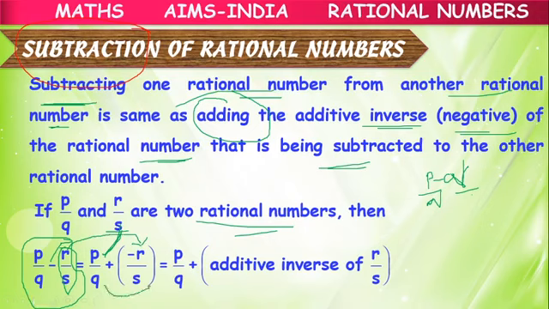It means the first rational number will be the same, while adding we have to take the additive inverse of the second rational number. So subtraction of rational numbers can also be written as addition with the help of additive inverse, which we have learnt already.